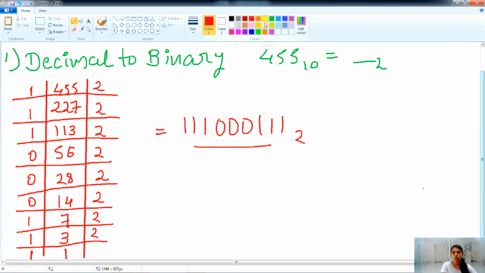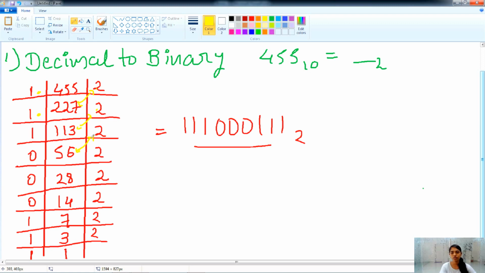We will highlight some basic functions of this conversion. Here 2 into 227 would give us 454 and 1 is remainder that we have written here. Now again this 113 into 2 would give us 226 and the remainder is 1 that is written here.